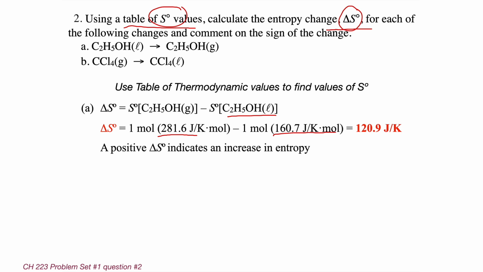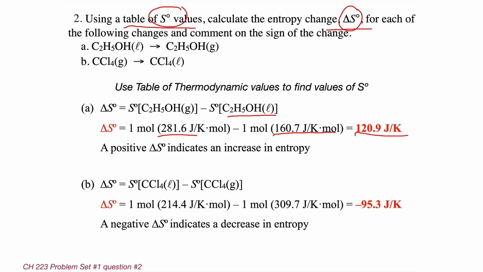Notice, by the way, that the gas has more entropy than the liquid, but because the gas is the product, it goes first, and the reactant liquid goes second. So products minus reactants, in this case gas minus liquid, you end up with a positive 120.9. This is a change of entropy that is positive, so it's increasing, and that'll be important for stuff we're going to talk about later on.